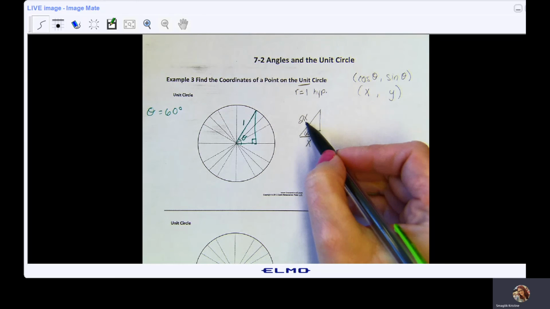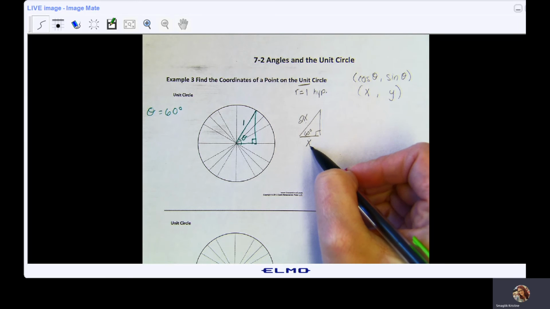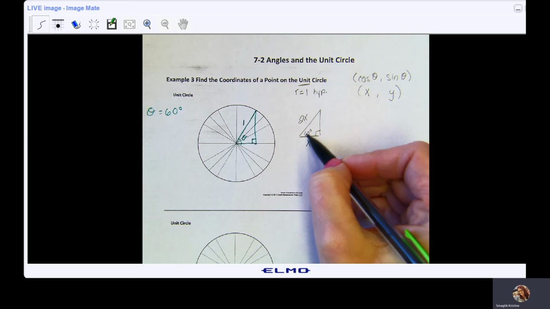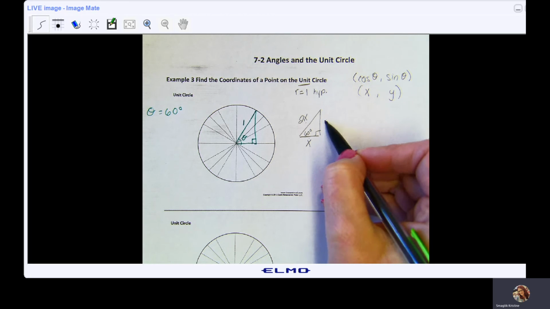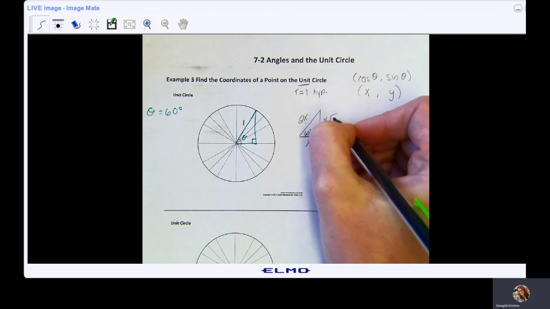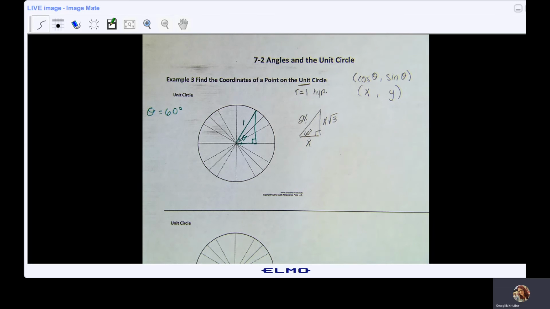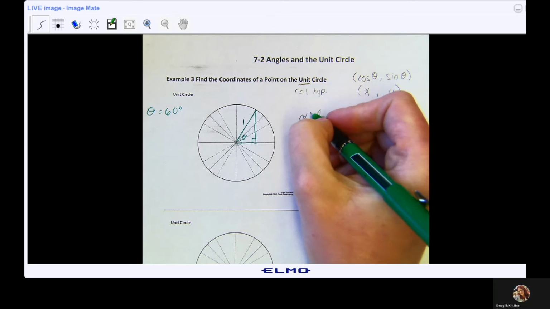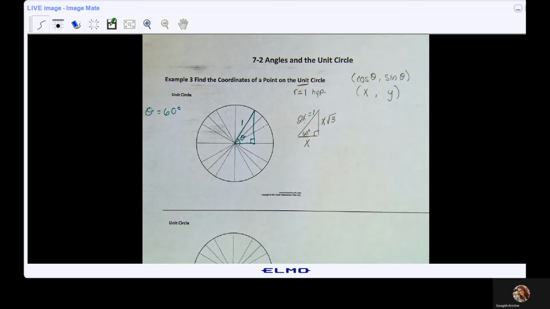So your hypotenuse is 2 times the length of your short leg, and then the long leg, which is always across from the 60 degrees, is your short leg times the square root of 3. Now we already know that the hypotenuse equals 1 because it's on the unit circle.